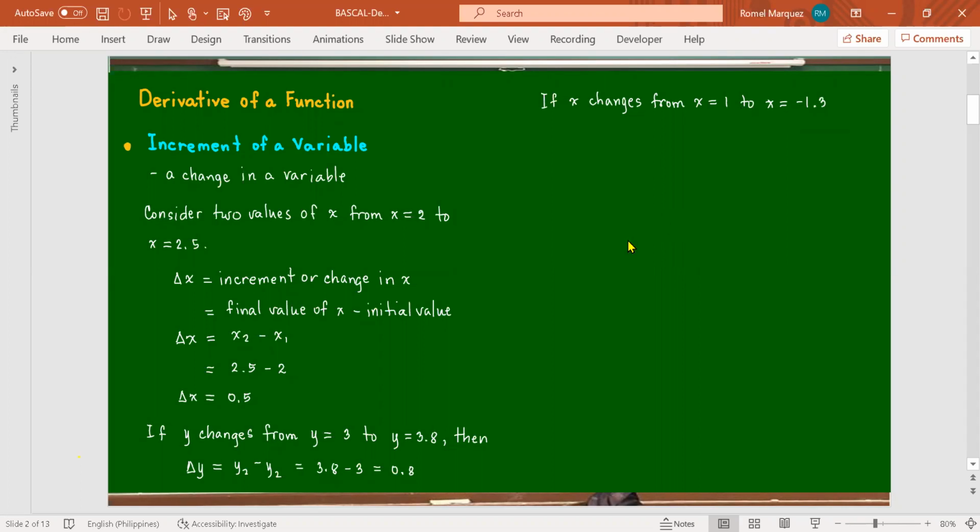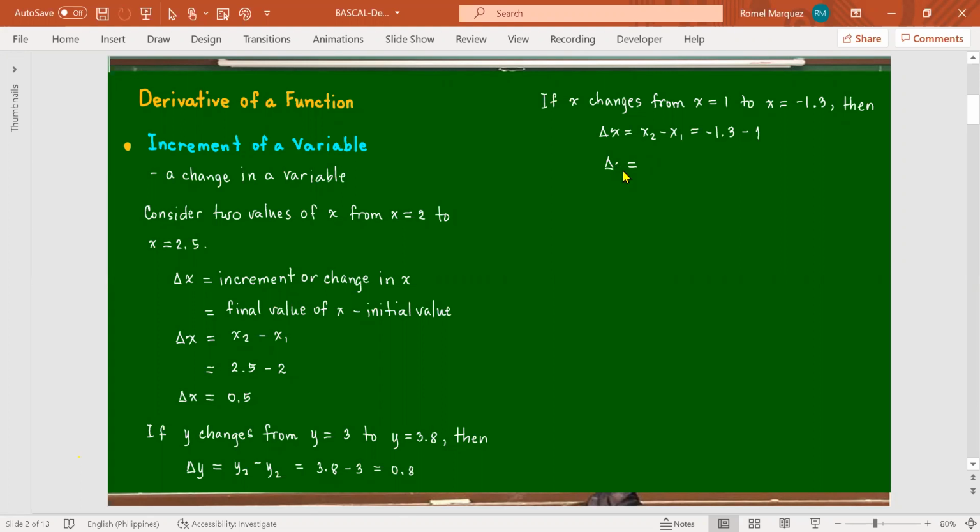What is my delta x? Delta x is equal to negative 1.3, so that is my x sub 2. What is my x sub 1? 1. So we have negative 1.3 minus 1. And what's the value, guys? Negative 2.3 po. So it is negative, no?